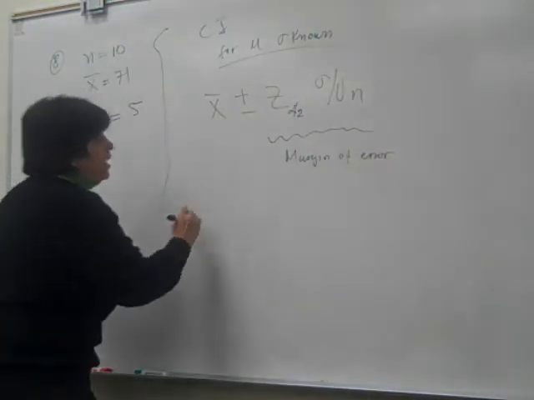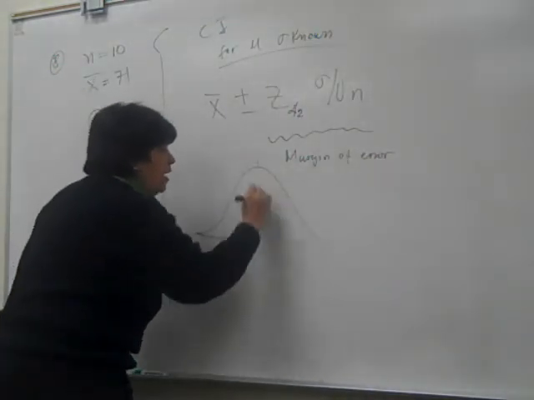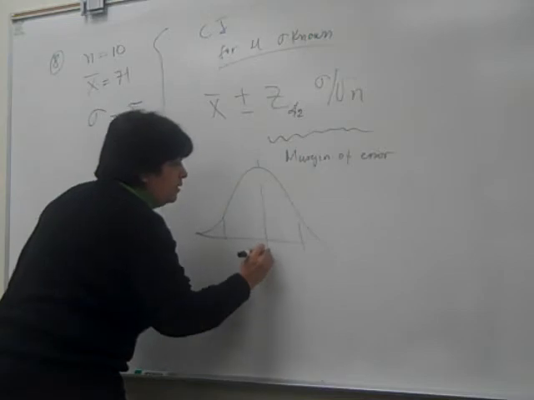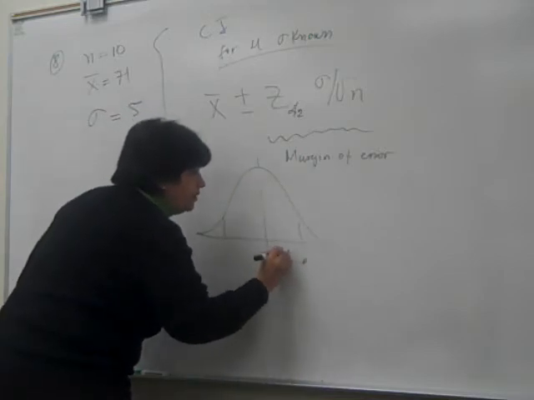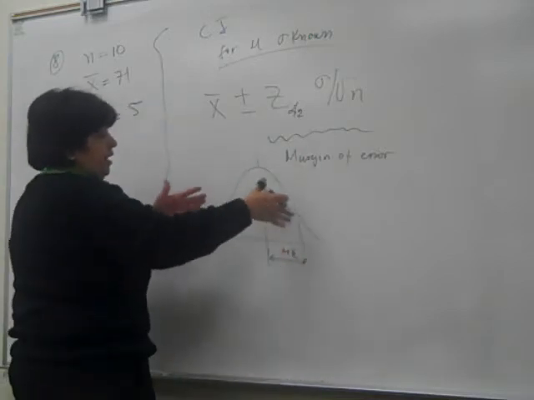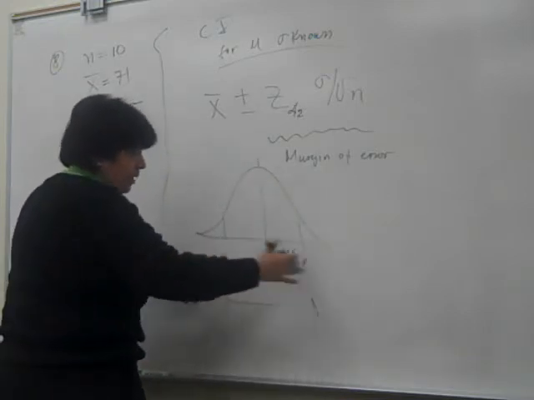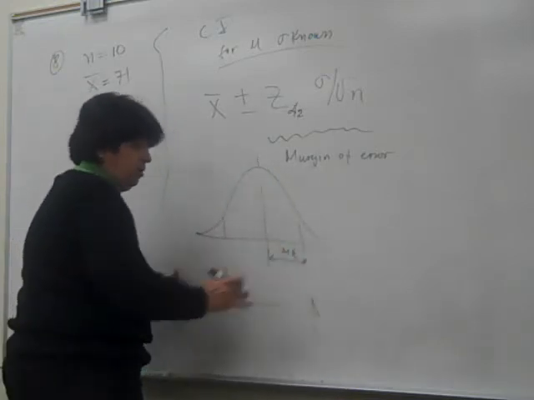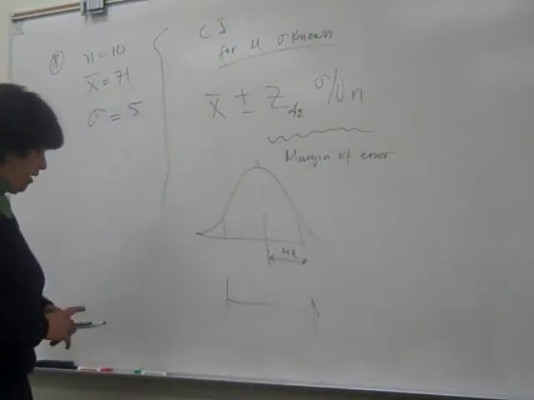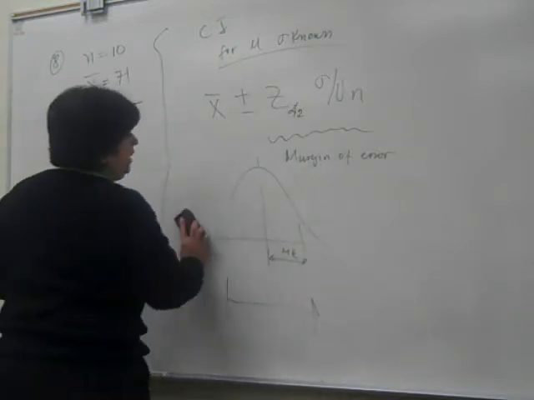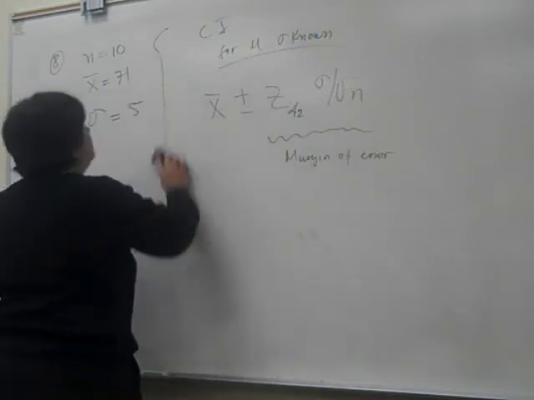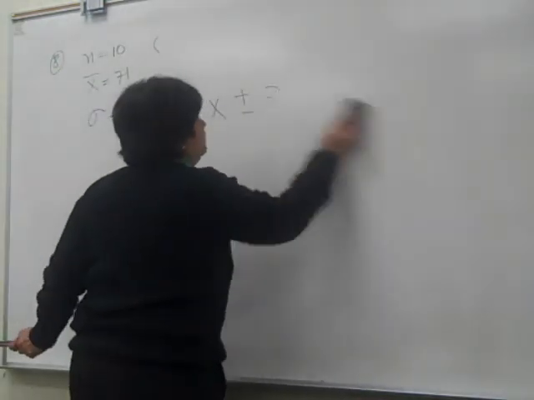And in my graph, this is the margin of error, because in the whole interval we're dealing with plus and minus the margin of error.